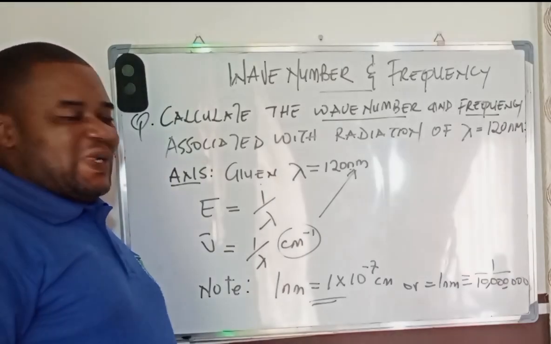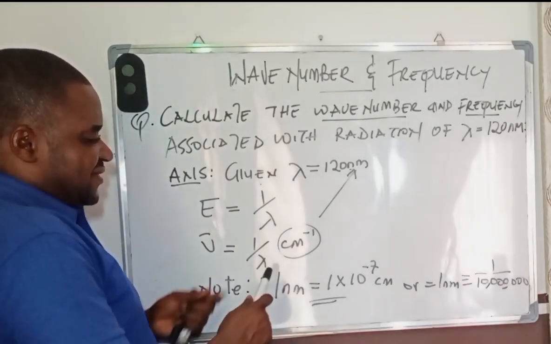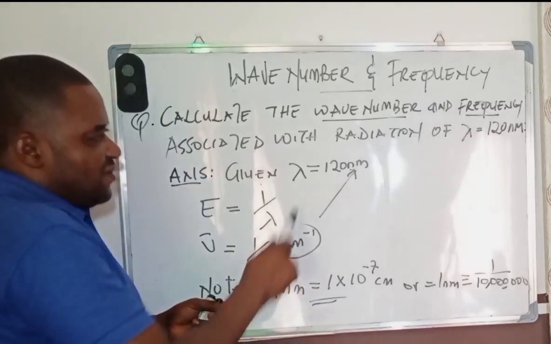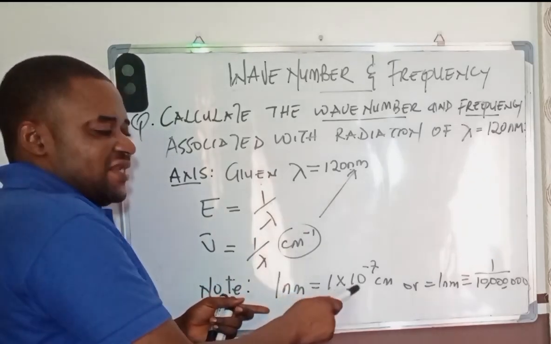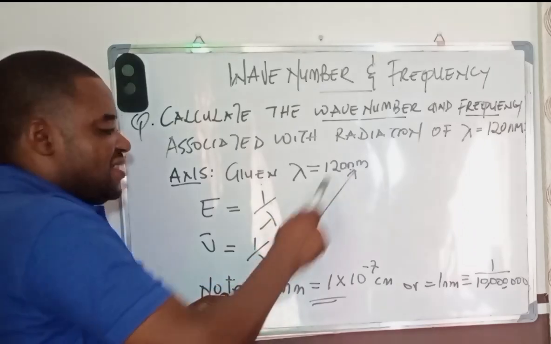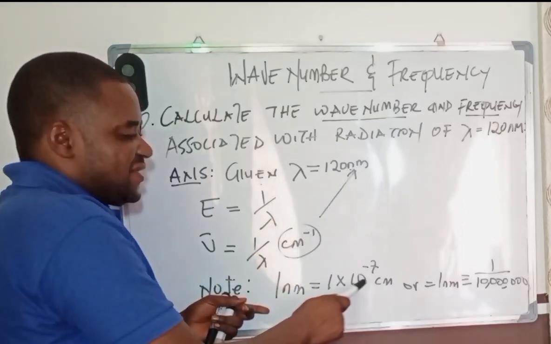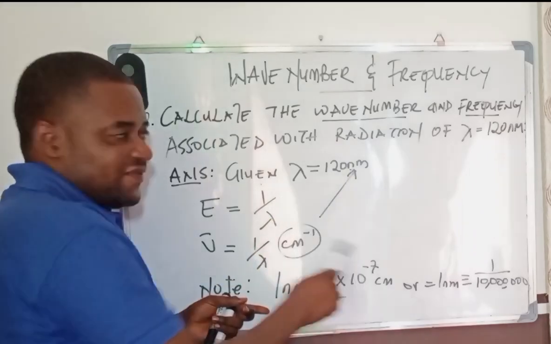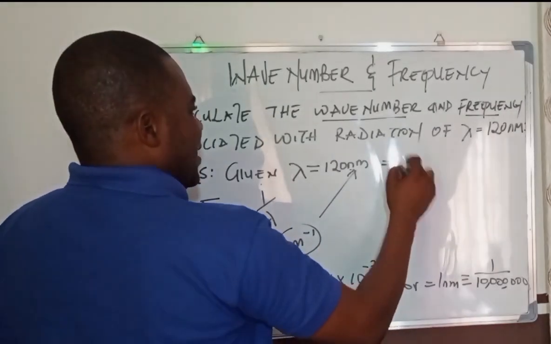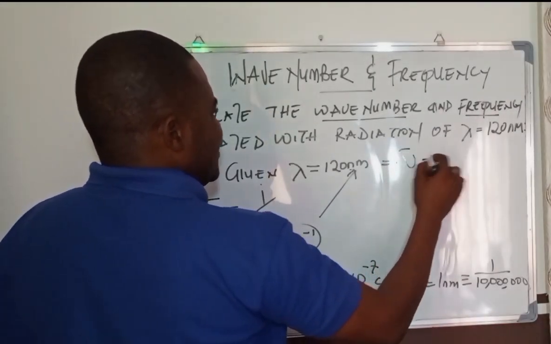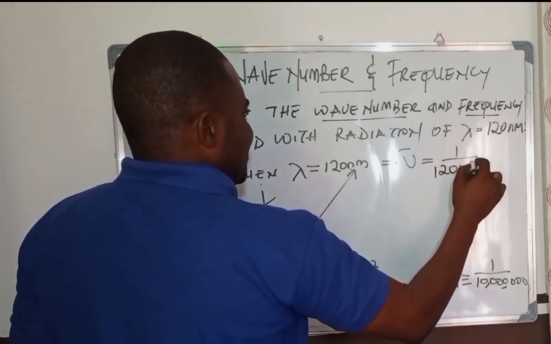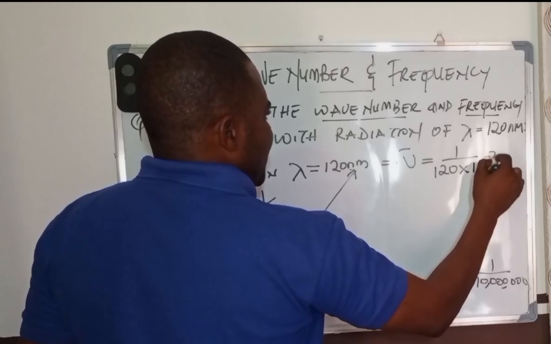If we agree that this is the conversion, that means that if 1 nanometer is 1 times 10 to the power minus 7, then 120 nanometer is 120 times 10 to the power minus 7. So that means our wave number is equal to 1 over 120 times 10 raised to the power minus 7.